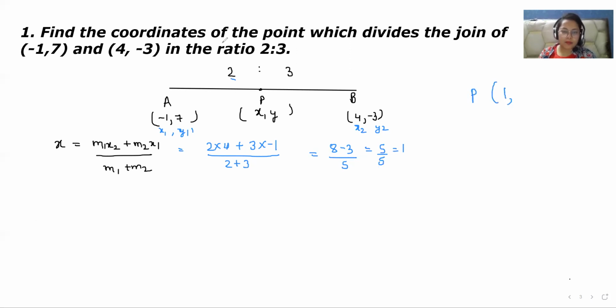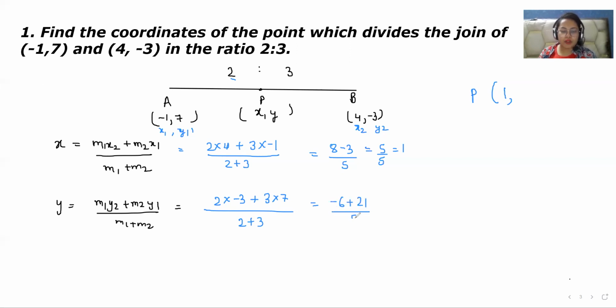Now comes y. y is m1 y2 plus m2 y1 over m1 plus m2. Now put the values. m1 is 2, y2 is -3, plus m2 is 3 and y1 is 7, over m1 plus m2, 2 plus 3. 2 multiply -3 is -6 plus 21 over 5.